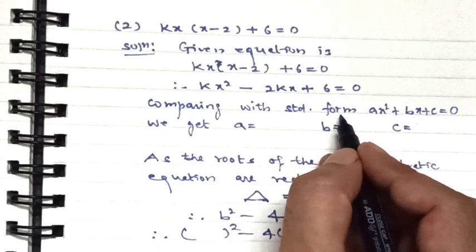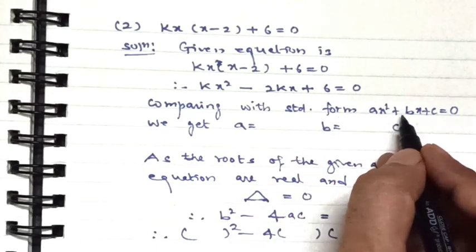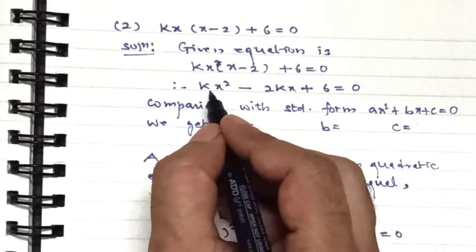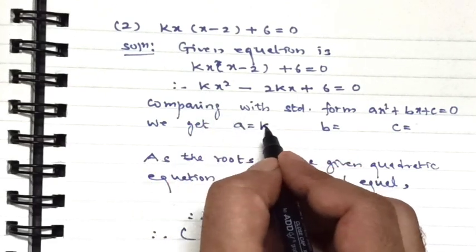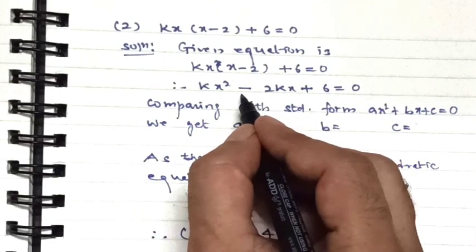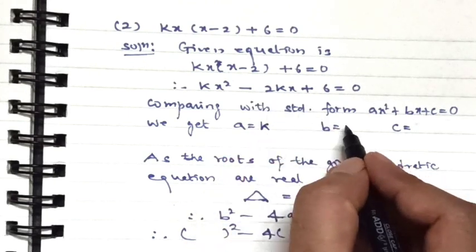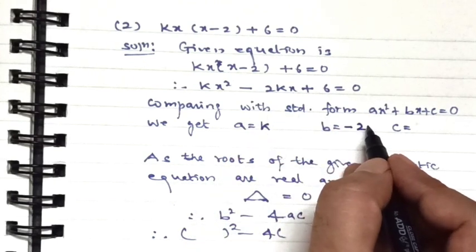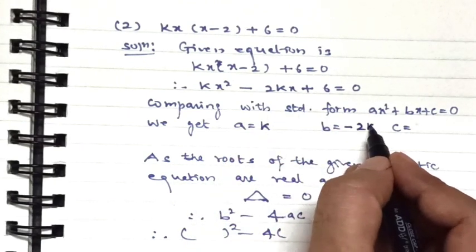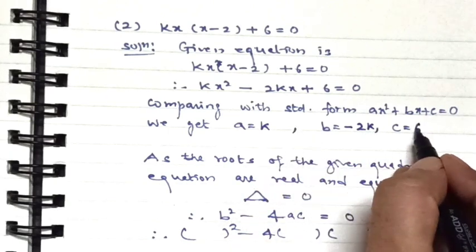Comparing with the standard form, that is ax square plus bx plus c is equal to 0, your a is equal to k, b is equal to coefficient of x, that is minus 2k also, and c is equal to 6.